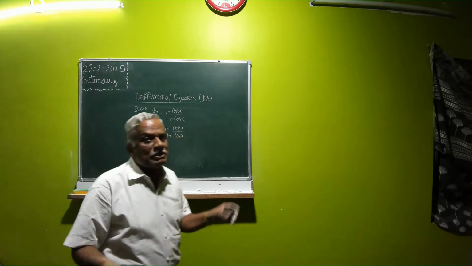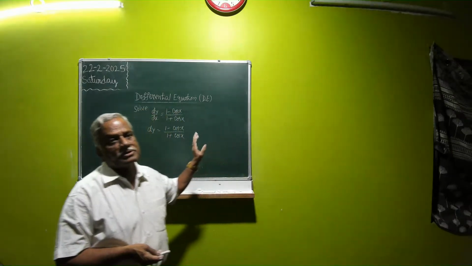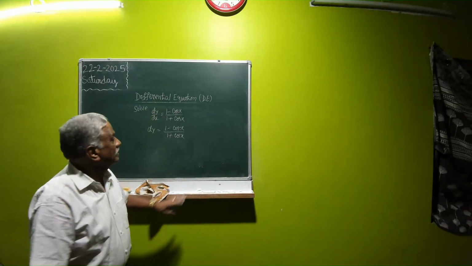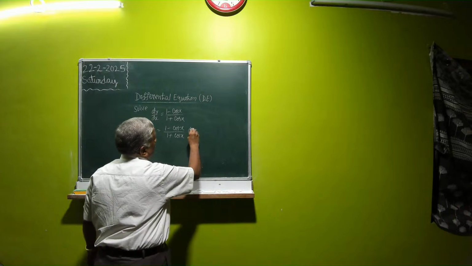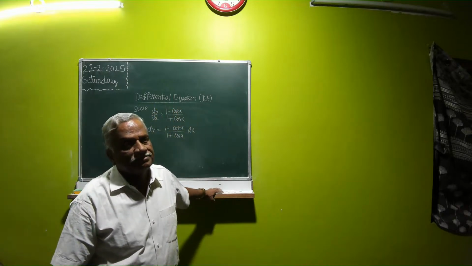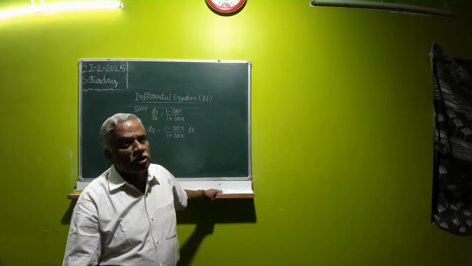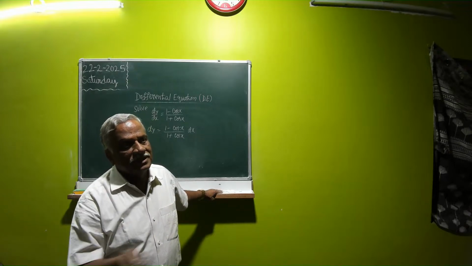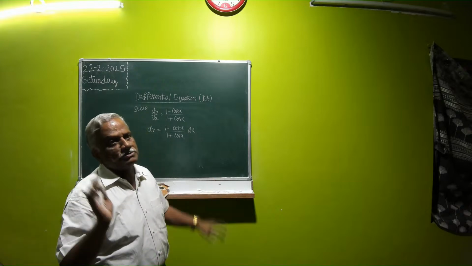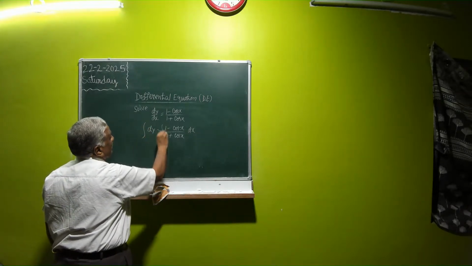Supposing it is not possible to separate, we are not working by this method. The first step in variable separable is to check whether it is possible to divide a given problem into two parts, dx part and dy part. It is possible here. The second thing is you should integrate that, that's all.